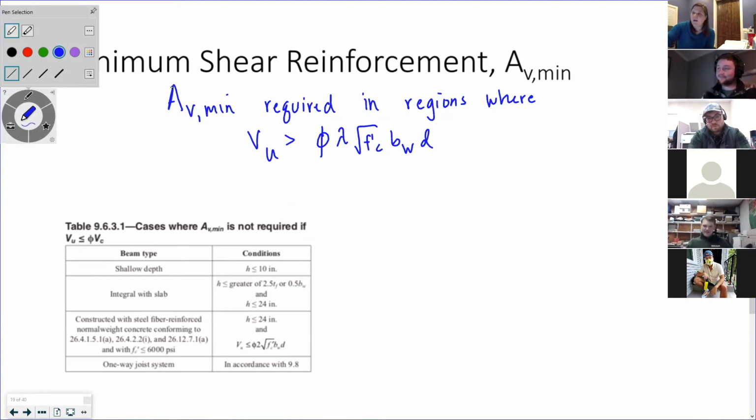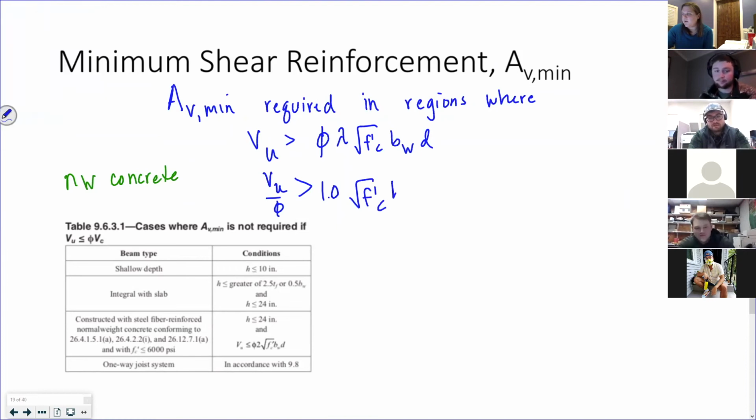If I have normal weight concrete, I'm going to divide that all by phi. So Vu over phi greater than 1 times square root f prime c bw d.